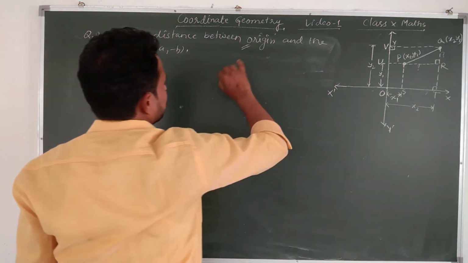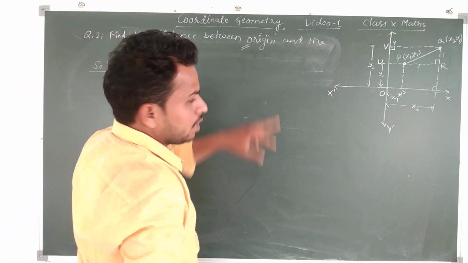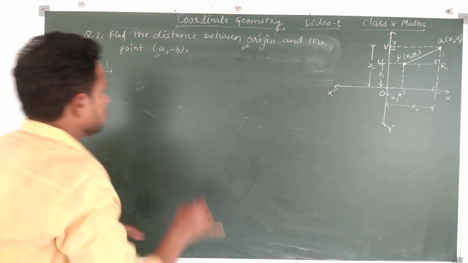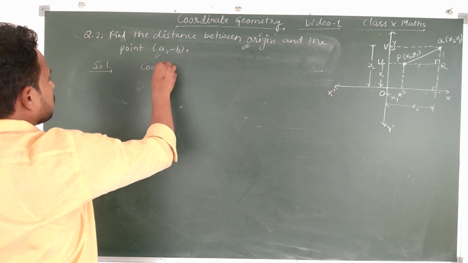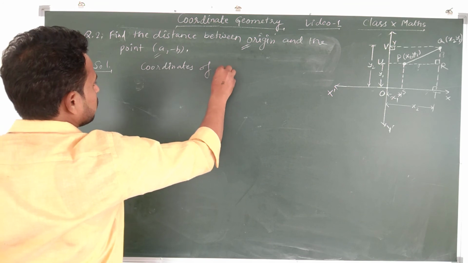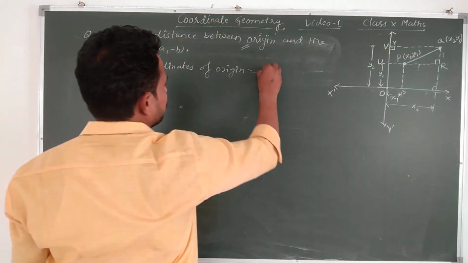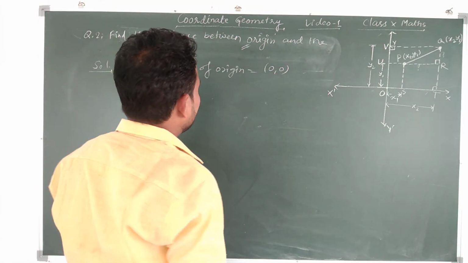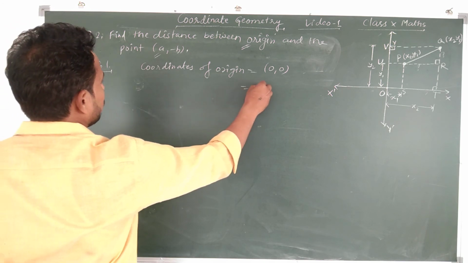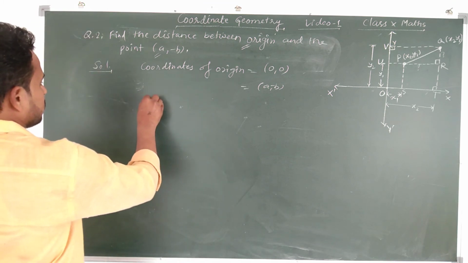One point is this and another point is this. The origin, we all know that the coordinates of the origin are 0, 0. And the other point is (a, -b). So find the distance.